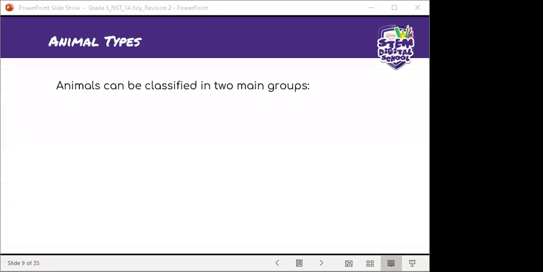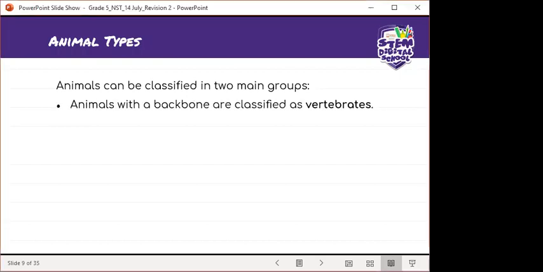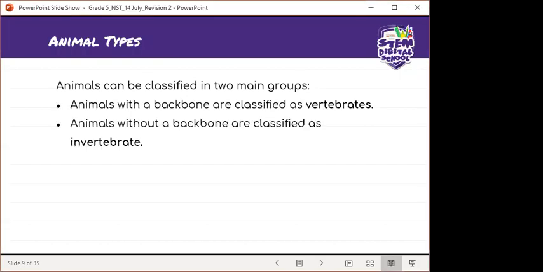Ma'am, they can be called vertebrates and invertebrates. All right, beautiful. Thank you very much, Talia, for that answer. So, guys, the two main groups in which animals can be classified is vertebrates and invertebrates. Okay, so the vertebrates, these are animals with a backbone.